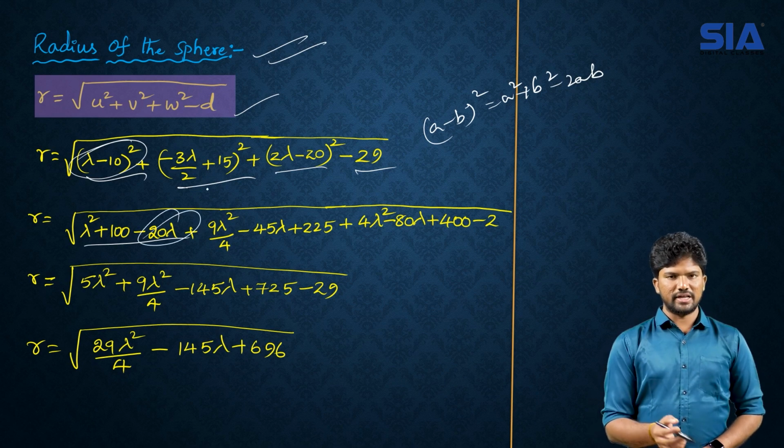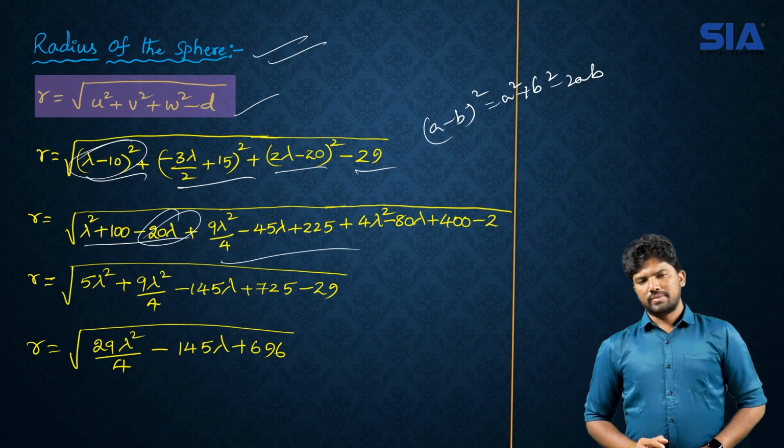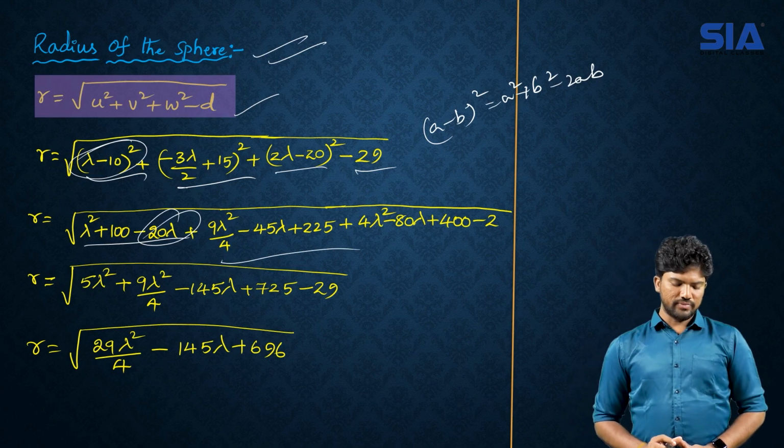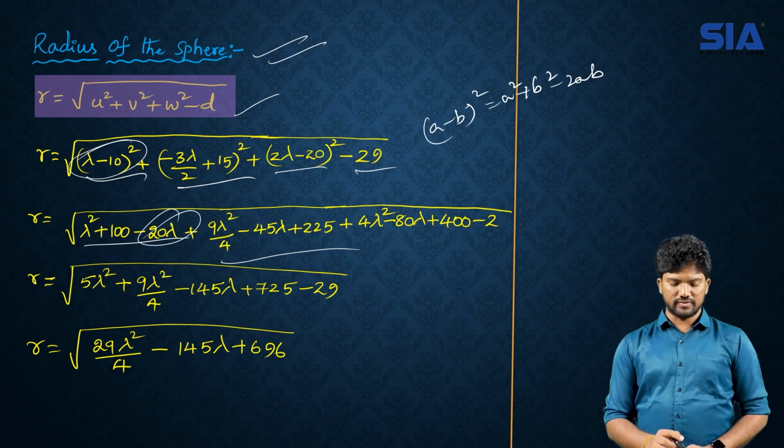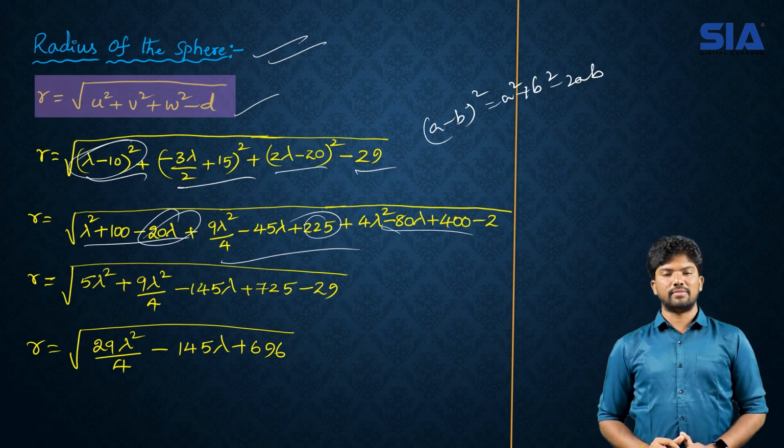Again the same thing, (a plus b) whole square: 9 lambda square by 4, plus 2ab means minus 45 lambda, plus b square means 15 square, 225. And again the next thing, (2 lambda minus 20) whole square: 4 lambda square minus 80 lambda plus 400, minus 29.